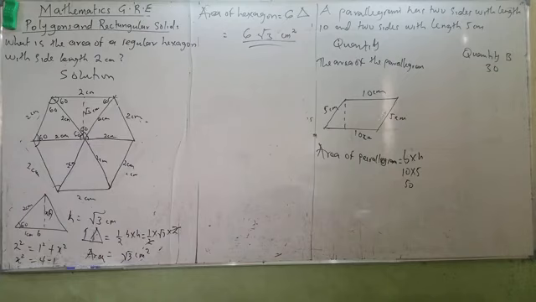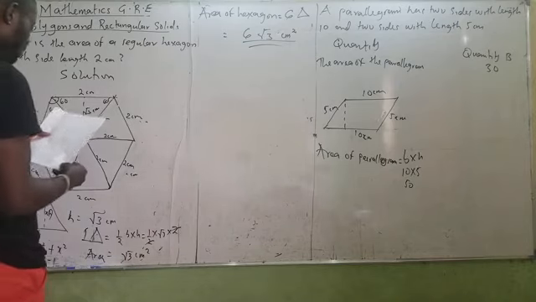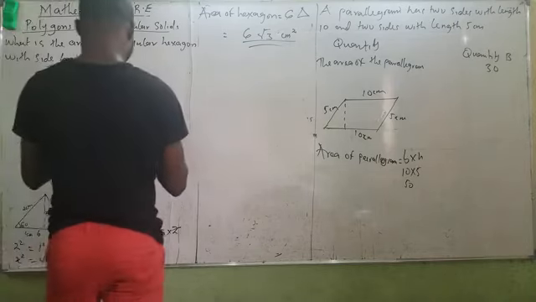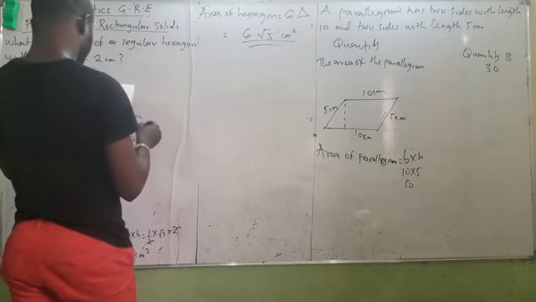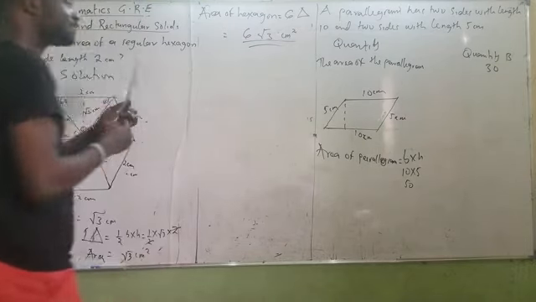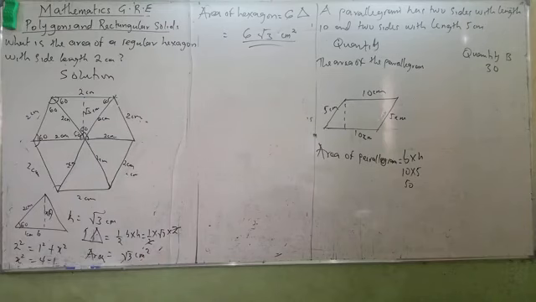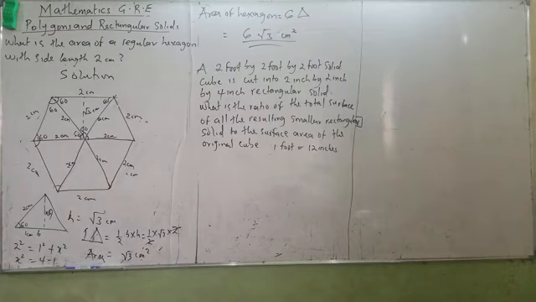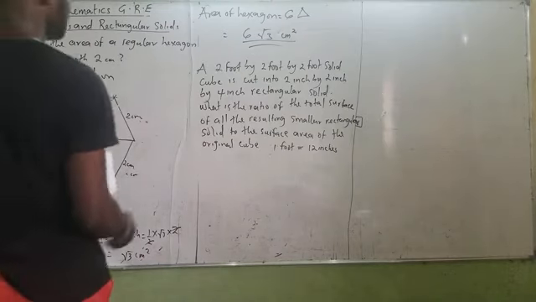Now, before we end this video, look at this question here. The question says, permit me to rub the board because of time. Okay, due to time, this should be the last question for now.